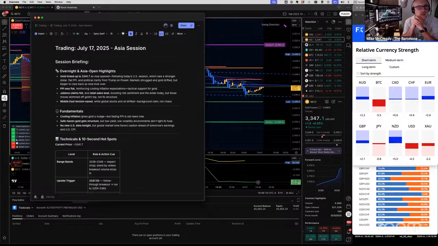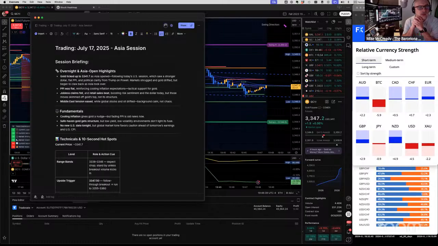Jobless claims fell and retail sales beat expectations, boosting risk sentiment and the dollar today. So it was risk on. Interesting. So gold went up, even though that happened. But those moves skimmed off gold's top, not its structure.